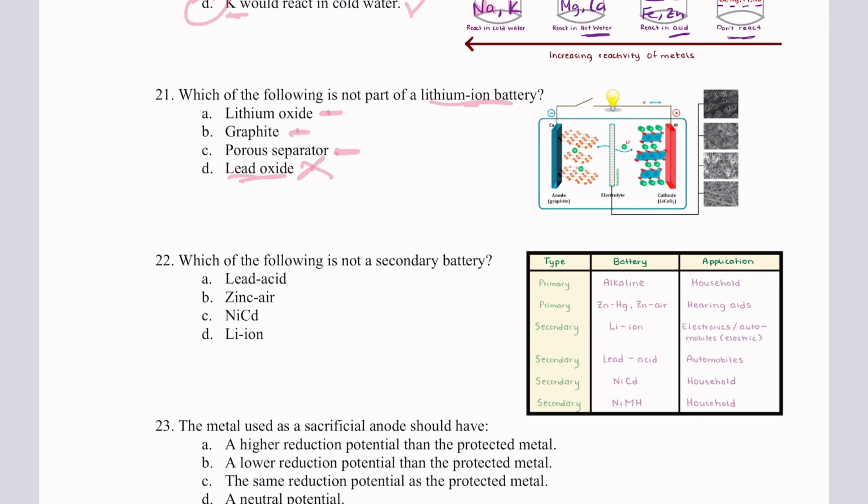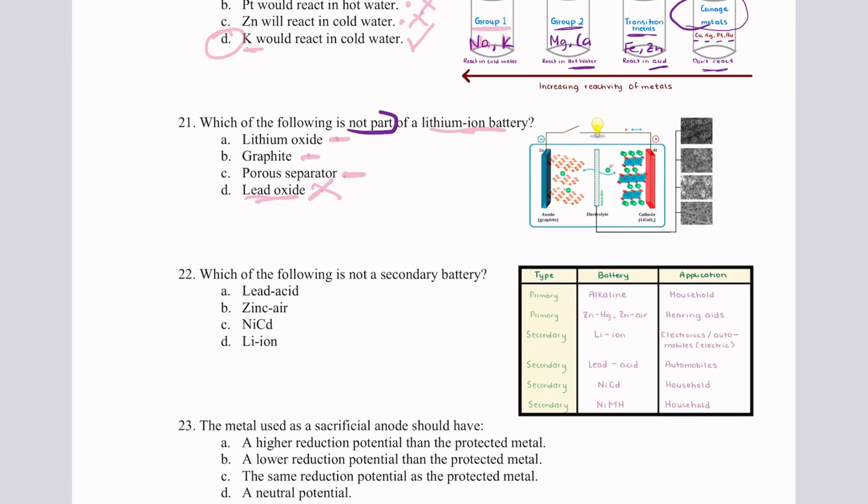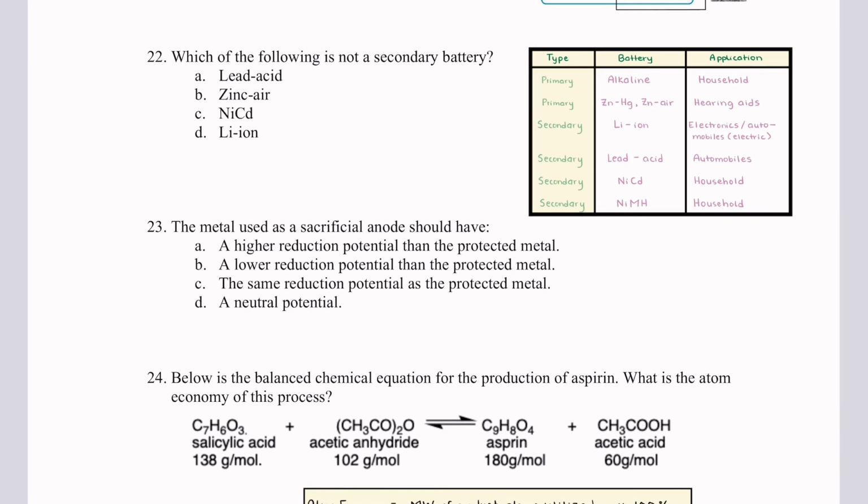Lead oxide is the active material in a completely different type of electrochemical cell, the lead-acid battery, which is commonly used in car starter batteries. And since lead oxide belongs to lead-acid batteries and not lithium-ion batteries, it is the choice that doesn't belong. So the correct answer is lead oxide, D.